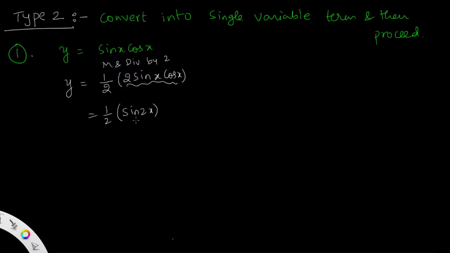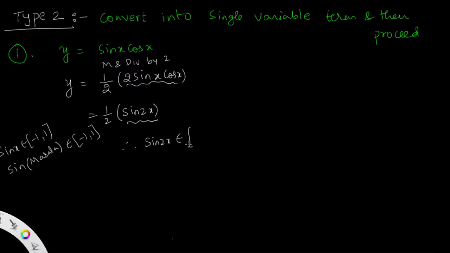Now apply our convenient method. We know that the range of sin x is minus 1 comma plus 1, but here sin 2x is there. Sin of any value, sin of something, we consider as minus 1 comma plus 1 only. So sin 2x also lies in the interval.